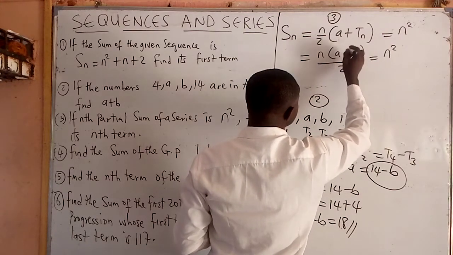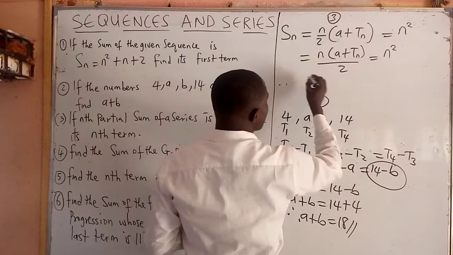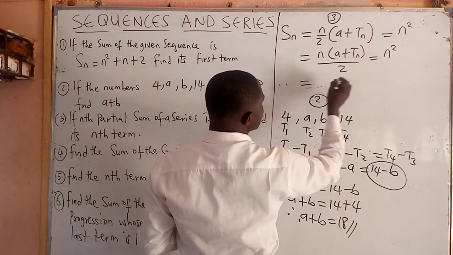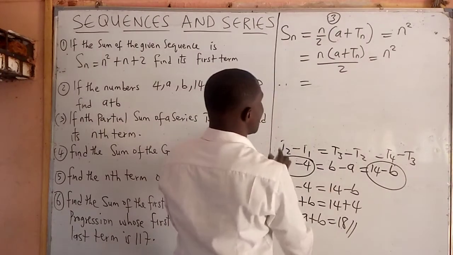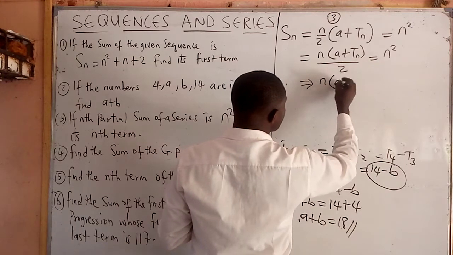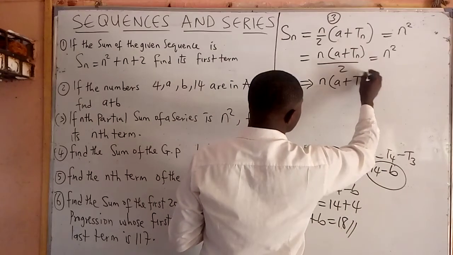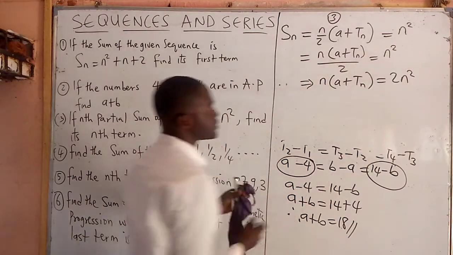So I will cross multiply. If I do cross multiply, it implies that n bracket A plus Tn equals 2n squared, 2 times this.